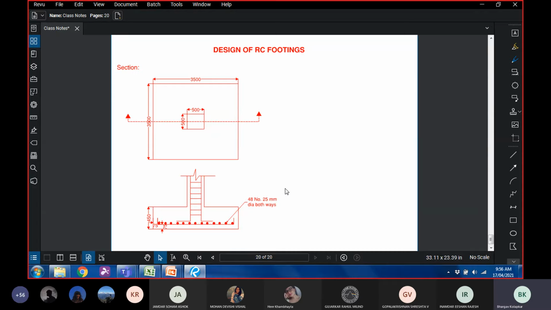I don't know. Yeah, I think it is 20 marks. So the 20 marks of theory, and then you get 4 questions out of which you have to solve 2. So naturally, one question is related to beams, the second one is related to columns, the third one is related to slabs, and the fourth one is related to footings. So out of those 4, you have to solve any 2.